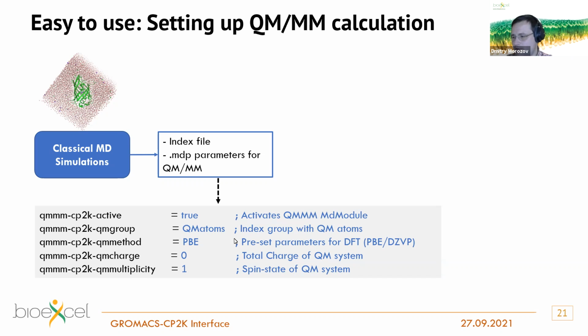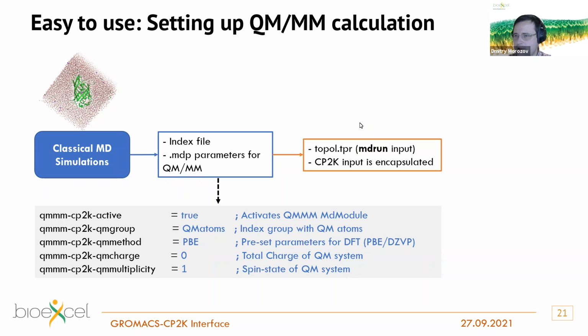This is a group from the index file with QM atoms. This is the name of the group. This is basically the method you want to use, with preset parameters. For now, this means that it's PBE with the double zeta basis set. And also you need, of course, the charge and multiplicity to be known, basically the spin state.